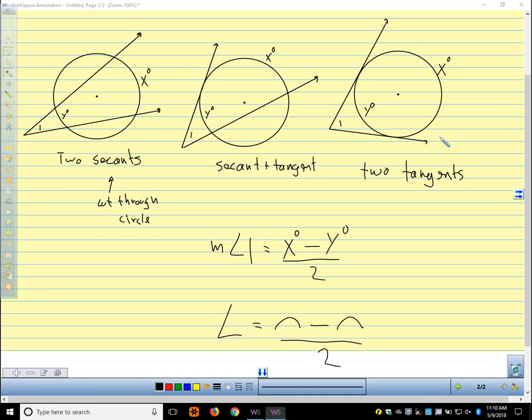So what you want to write in your flip book for the two tangents, which is the first one on the top of the page there: the measure of angle AVC equals the measure of arc AC minus the measure of arc, so I'm going to write this, that's a major arc, so I'm going to say AXC, minus the measure of arc AC, divided by 2.